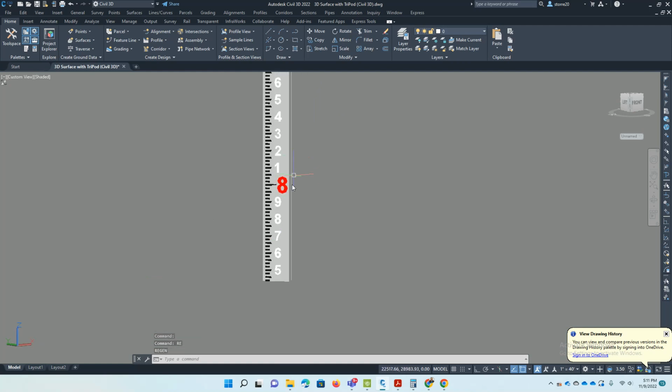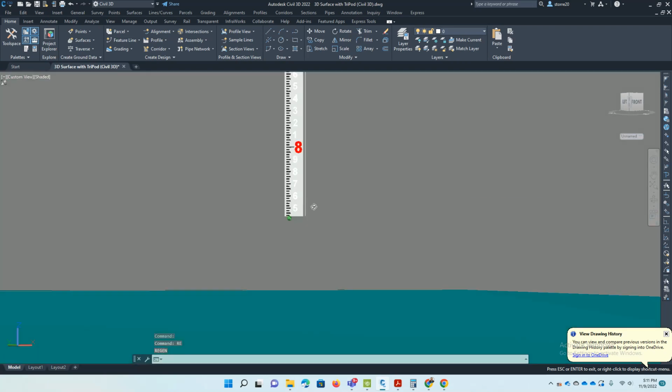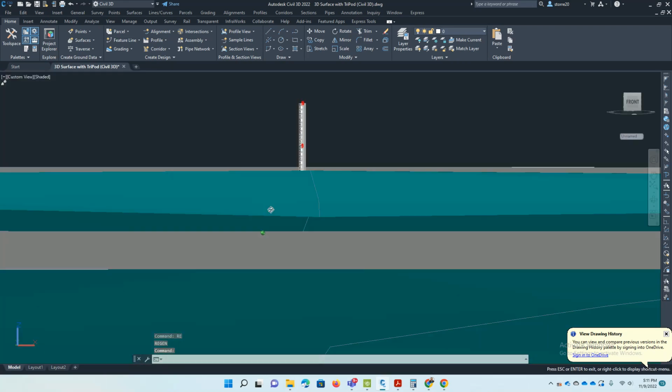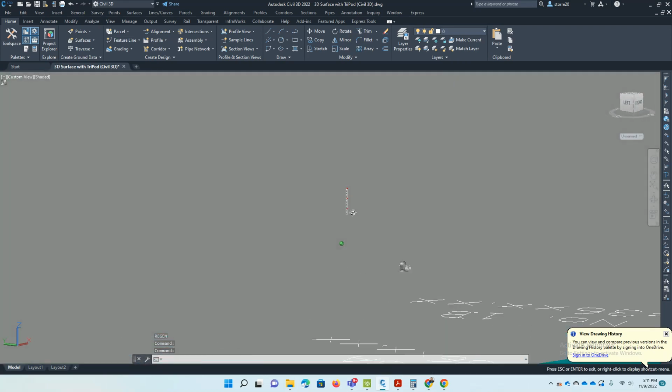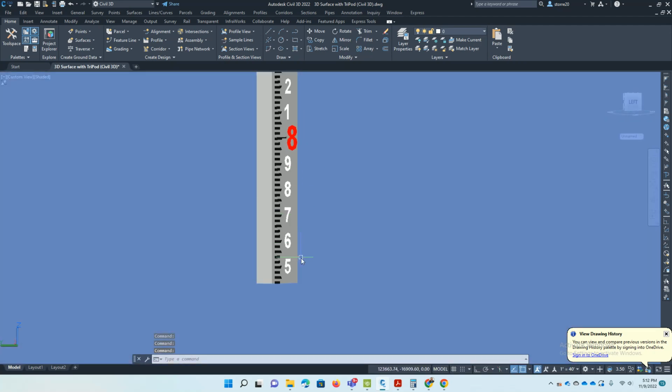That reading is going to be something different. Now it's going to be an 8 that I can see down here. Let me get a better angle. Sorry. There we go. Okay, so it looks like an 8.